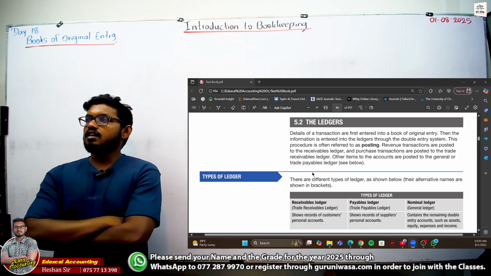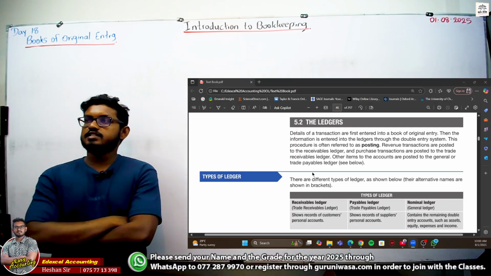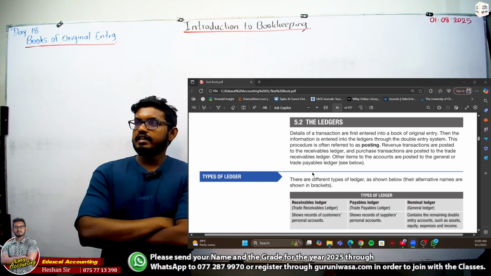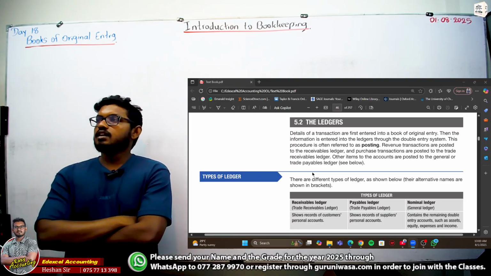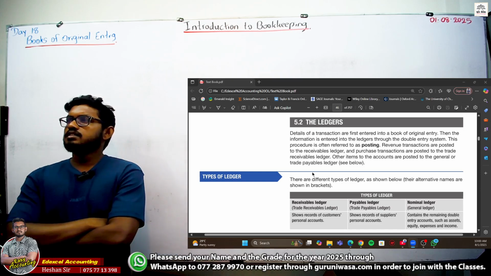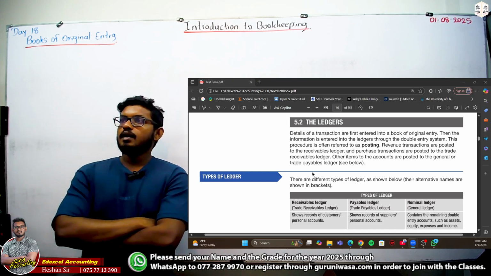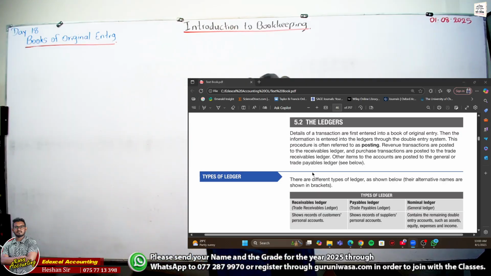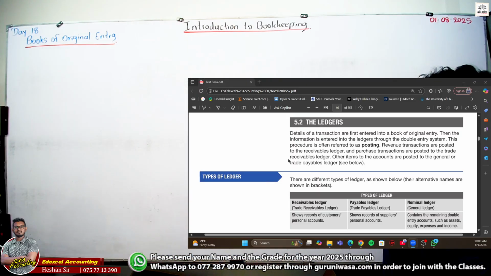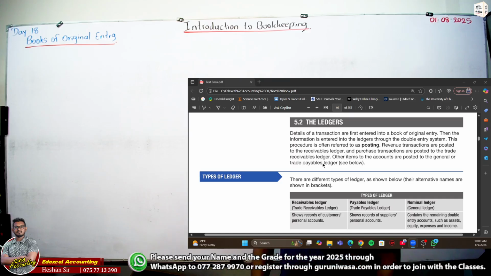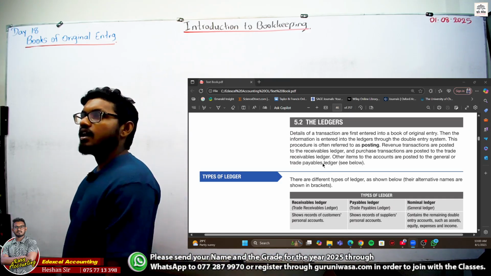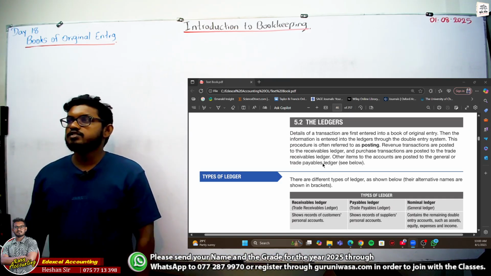Purchase transactions are posted to the trade payables ledger. Correct it in your book, this should be trade payables ledger, right? So other items of the accounts are posted to the general ledger.